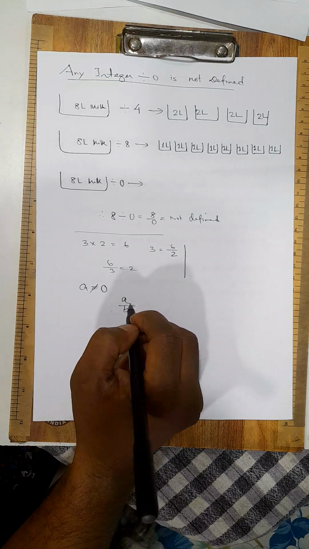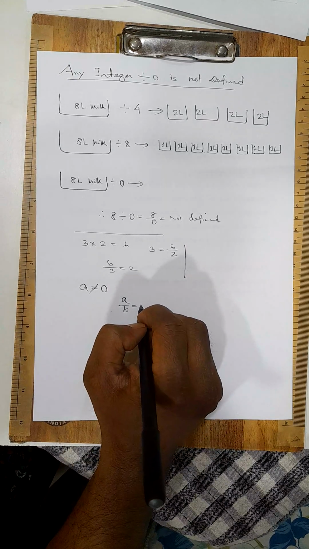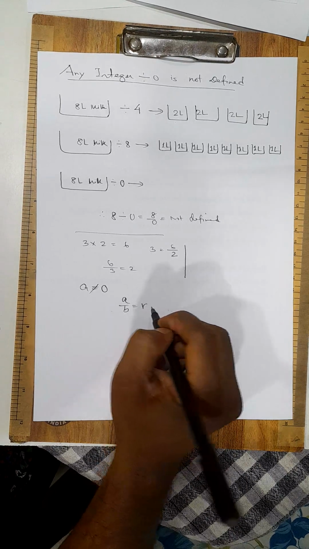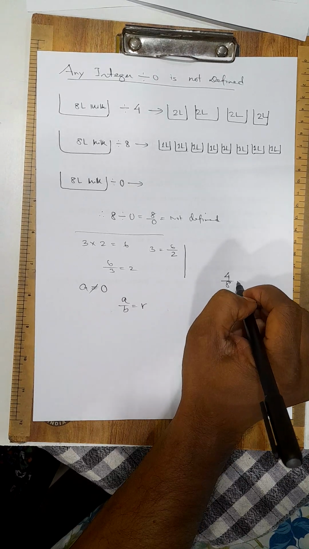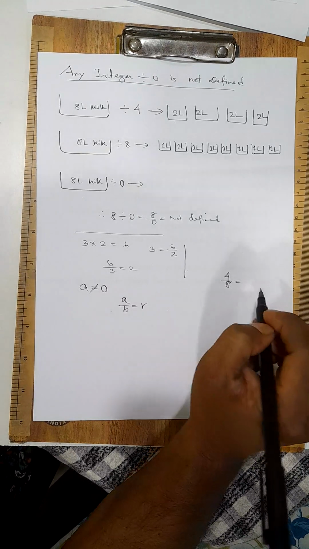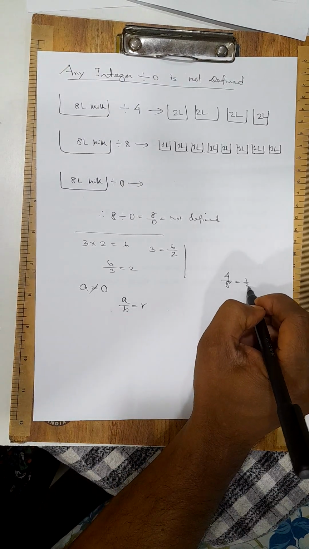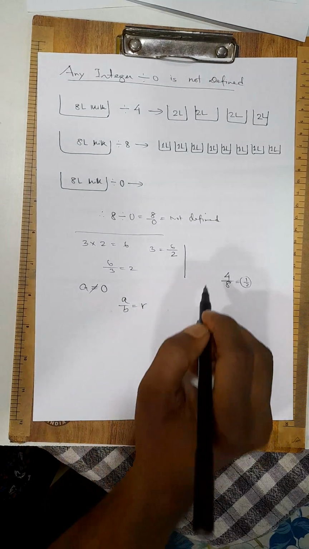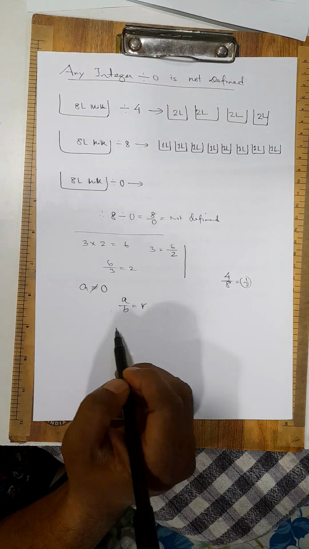So if we divide a non-zero integer by another integer, you will get some answer, say r. Say for example 4 divided by 8. If you divide 4 liters of milk into 8 containers, every container will receive half a liter of milk. Half. So 4 divided by 8 is half.